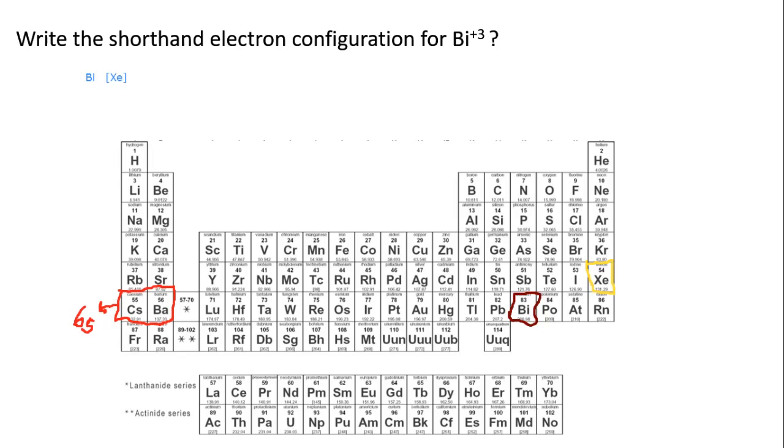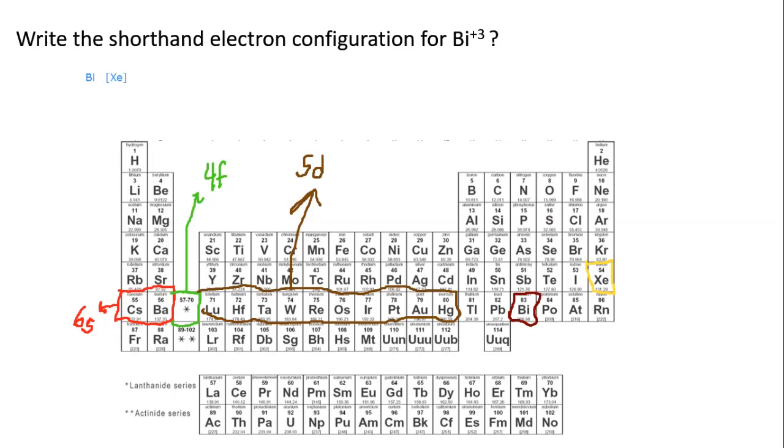Next, we have the 4f, which is shown here, and it's also completely filled. Then we have the 5d, and it is completely filled, because again, the d orbital is 1 minus the period.